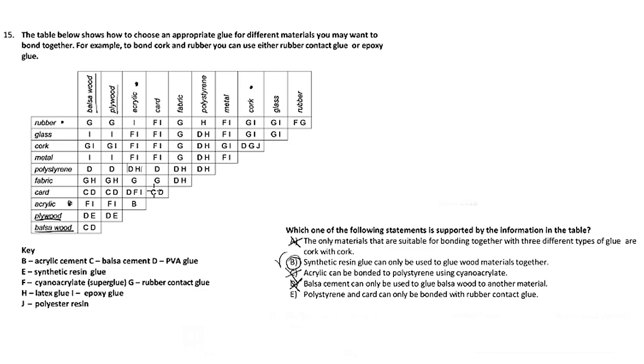Polystyrene and the card can be bonded using rubber contact glue, the statement said, but if we look at the table, we see that they can only be glued together using PVA glue. So statement E is not correct. So our actual answer is letter B.